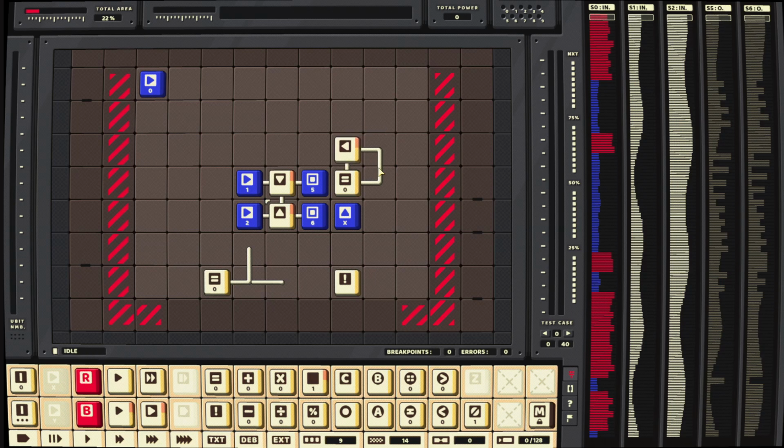A conveyor at its first chance to turn. Heading into a recycler. A negator. Is that what that's called? Yeah. Right? Like, that doesn't seem so bad.